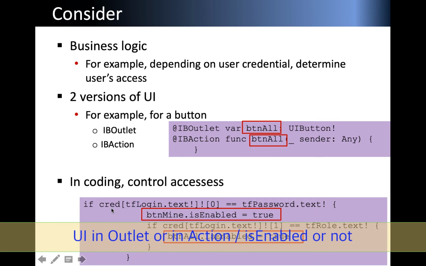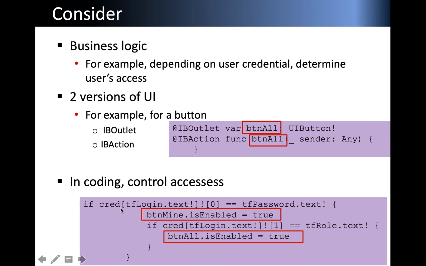Then depending upon the success of that verification, for example, let's say the credential is a dictionary of user ID and password pairs, but in our case we create another array. So the value for the key will be an array. The key is nothing but the user ID, and the value is an array that contains the password and role.